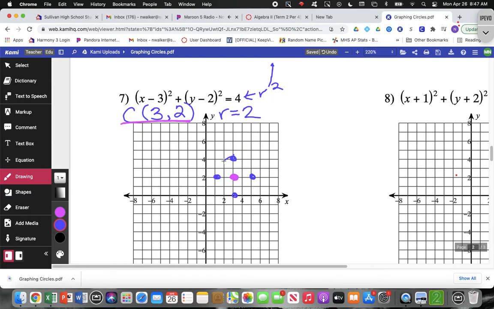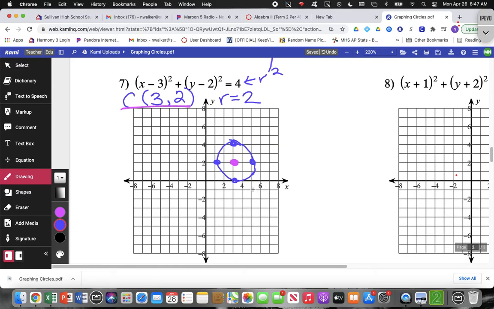And then from there we can draw our circle. Now, this one's looking more like an egg. I can do better. You guys have any questions on number 7?